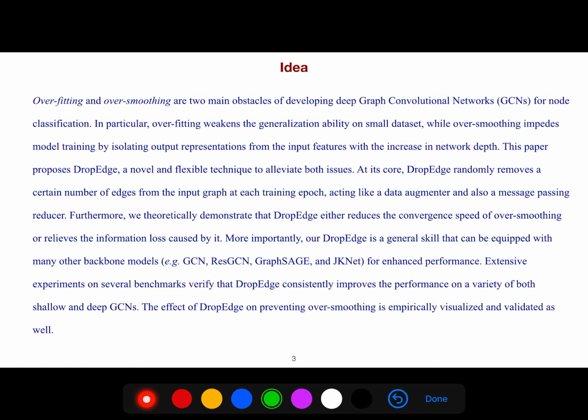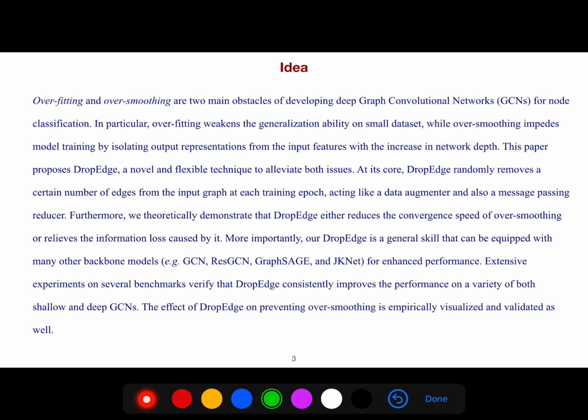Furthermore, we theoretically demonstrate that DropEdge either reduces the convergence speed of oversmoothing or relieves the information loss caused by it. More importantly, DropEdge is a general skill that can be equipped with many other backbone models such as graph convolutional network, ResGCN, GraphSAGE, JKNet for enhanced performance.